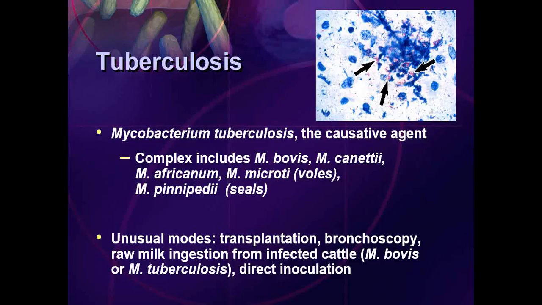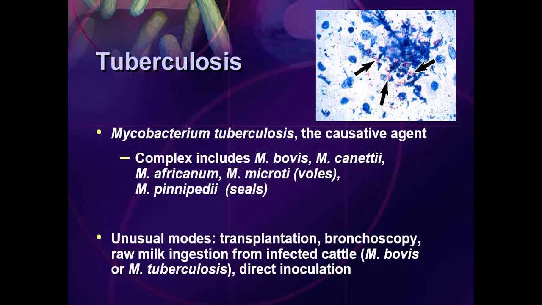These are causes of human TB. Of course, Bovis is also found in cows. M. microti is in voles, and Pinnipedii, you can probably guess, is from seals. There have been cases of human Pinnipedii, in seal trainers. So it is a known risk of the job. Beware if you're a seal trainer out there.